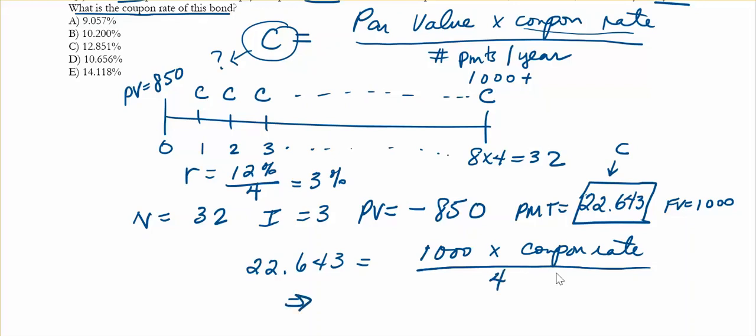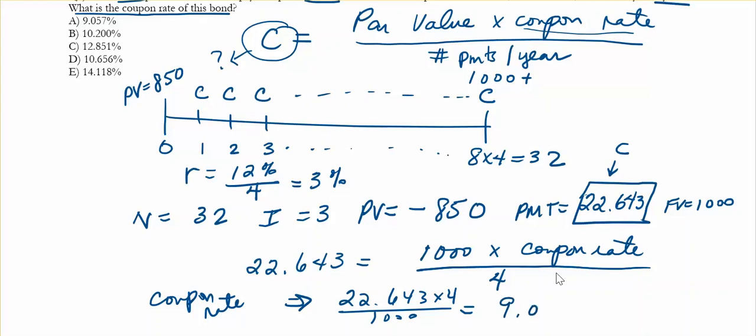So therefore the coupon rate is 22.643 times 4 divided by 1,000, giving us 9.057%. And we see there's our answer, A.